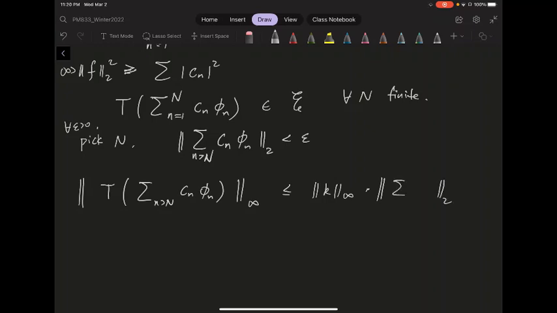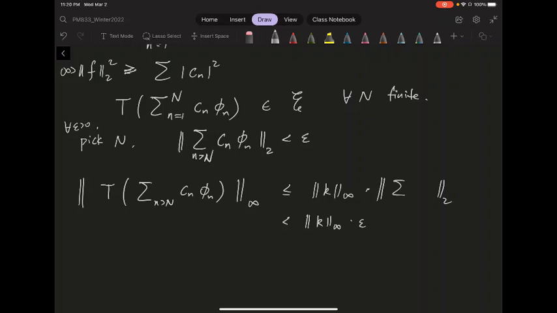And the 2 norm is less than epsilon, so this is less than the infinity norm of k times epsilon. So k here is fixed. I'm fixing one k and considering this particular integral operator T. So I can see that the tail is going to be really small.